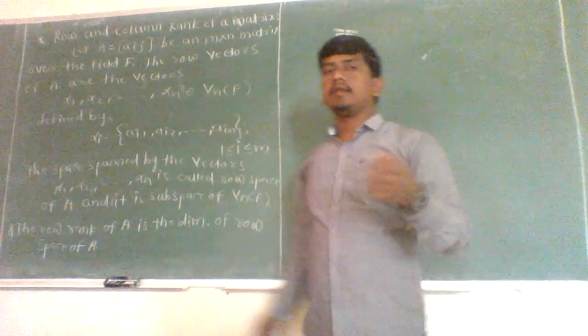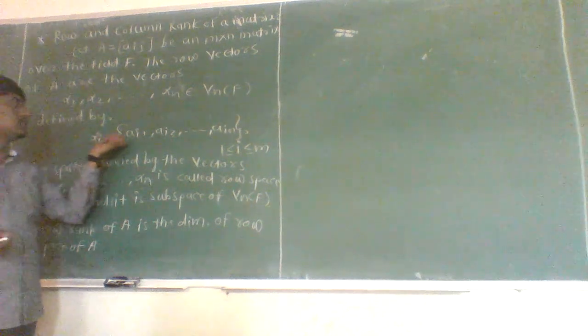So, if we are given a matrix A of order m cross n, the row vectors of A are the vectors alpha i, where each alpha i is (ai1, ai2, up to ain).